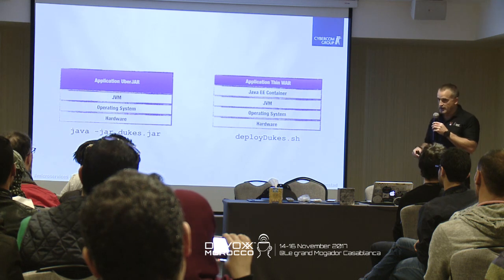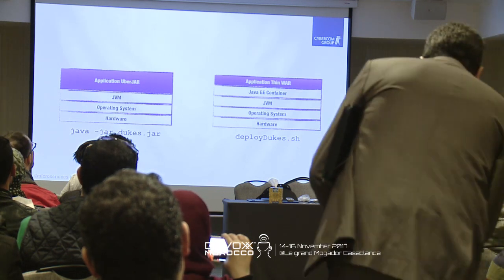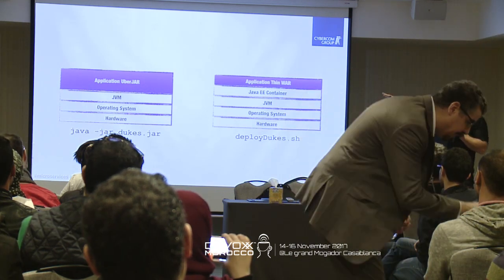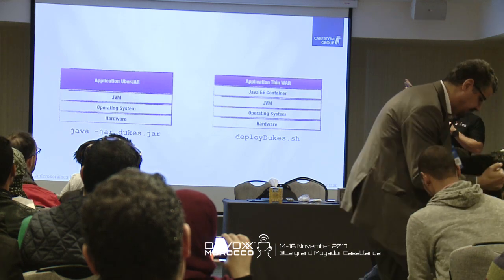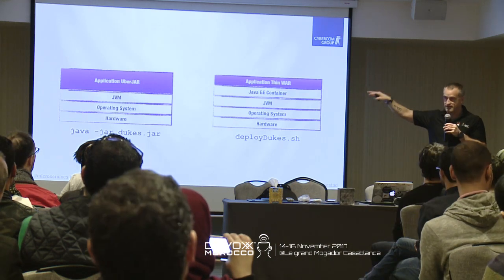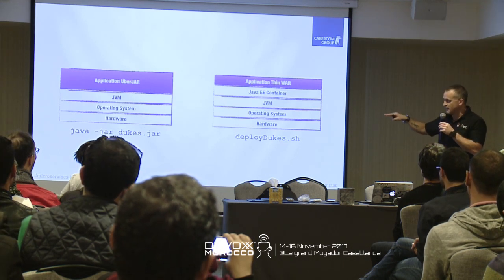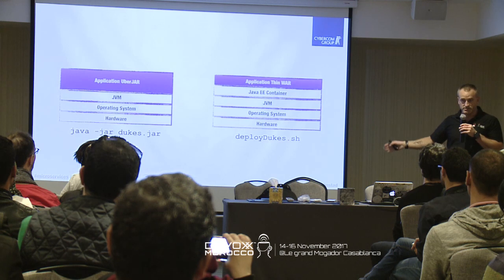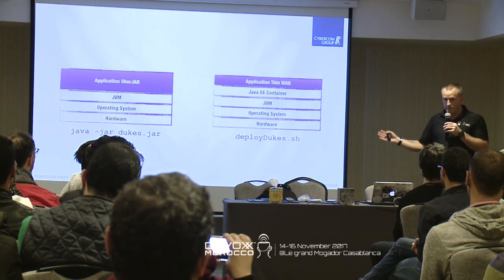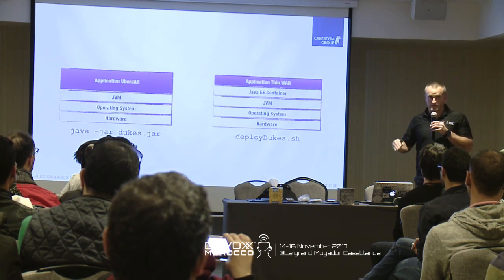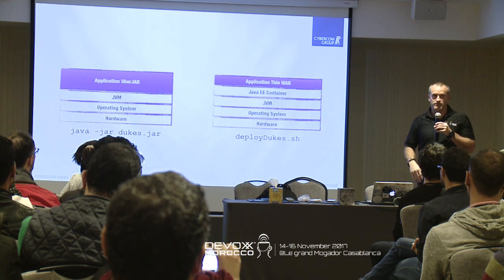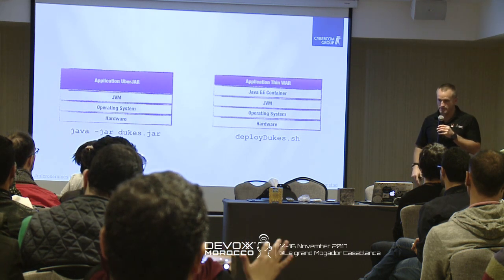The other more application server-oriented approach is to have a thin WAR. So this is the thin WAR approach as opposed to the thick or fat jar or Uber jar approach. And this is where you still have the same hardware layer, operating system, and the JVM. Since we're Java, that's the minimum of what we need to be able to run our services.